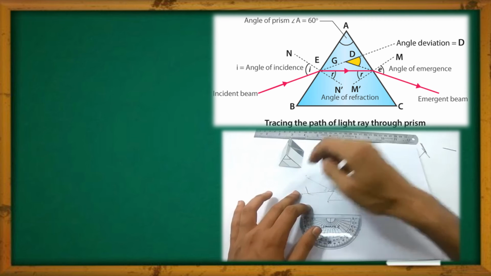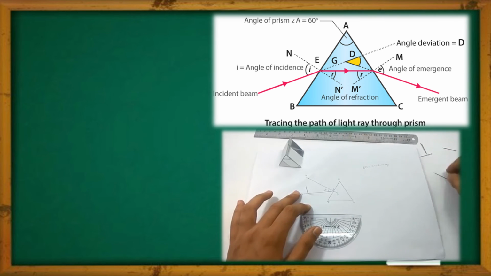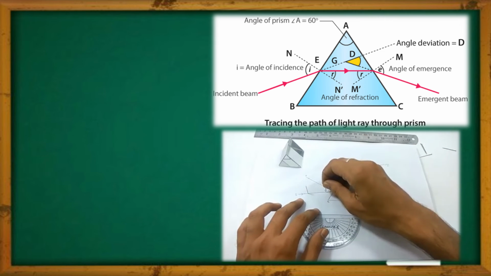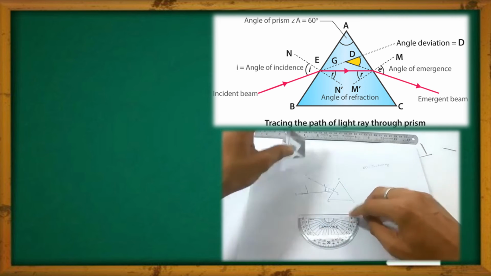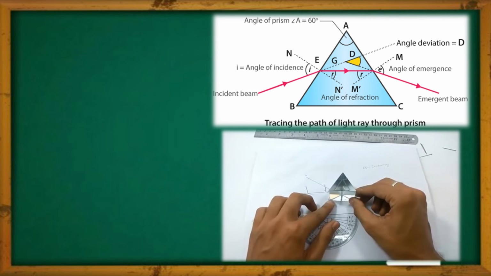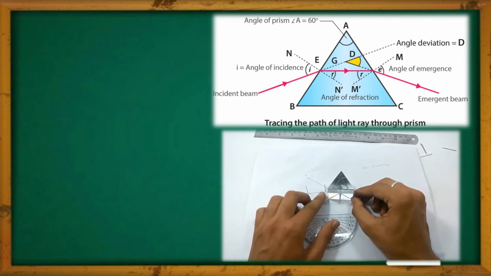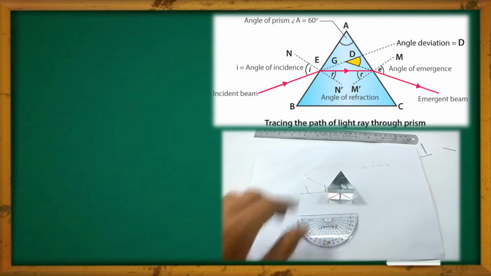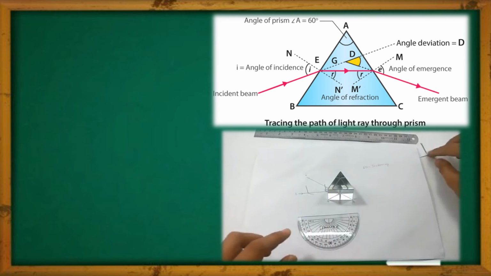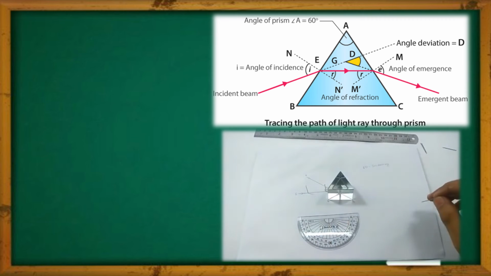Now take 2 pins and prick them on the incident ray that you have drawn, and again place your prism on the respective place, that is exactly on the triangle.